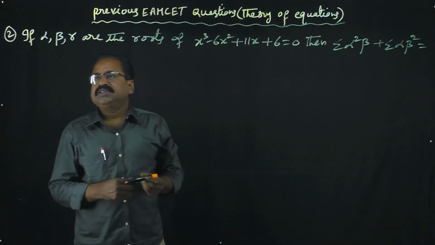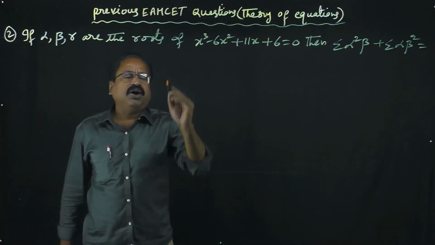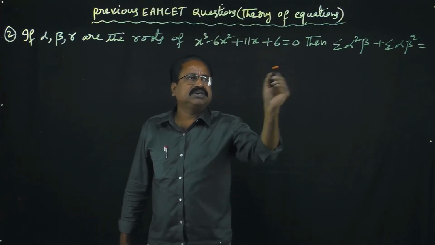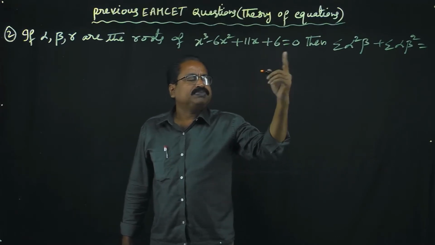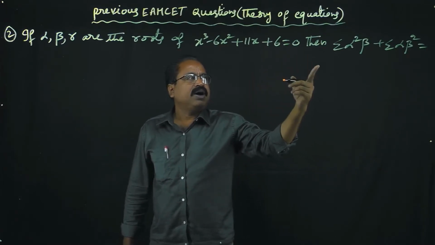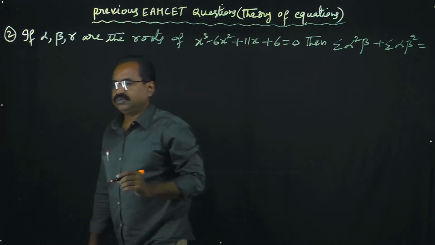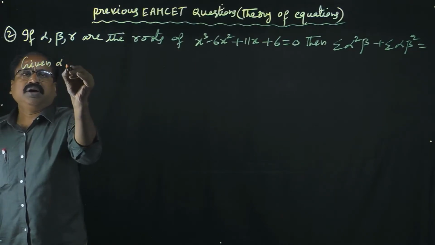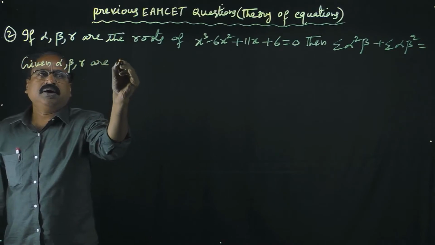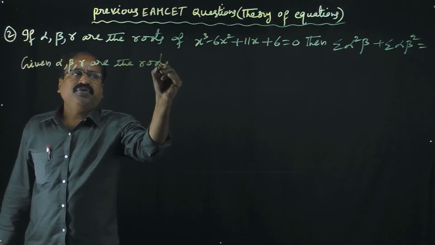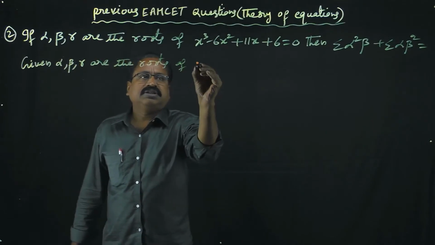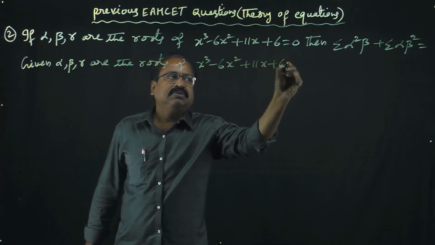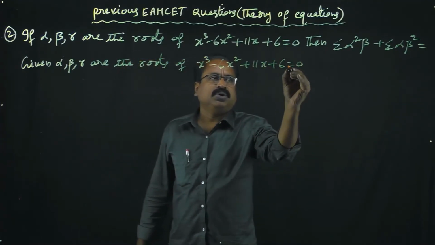Now second one is, if alpha, beta, gamma are the roots of x cube minus 6x square plus 11x plus 6 is equal to 0, then sigma alpha square beta plus sigma alpha beta square is equal to. Given alpha, beta, gamma are the roots of x cube minus 6x square plus 11x plus 6 is equal to 0.